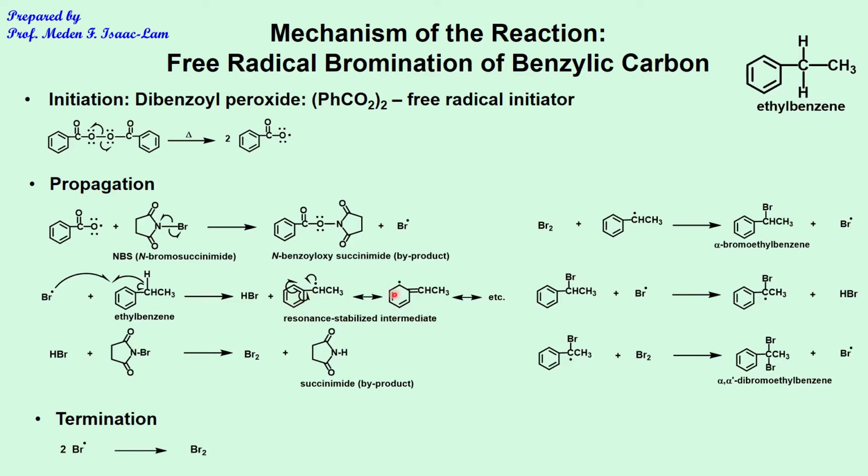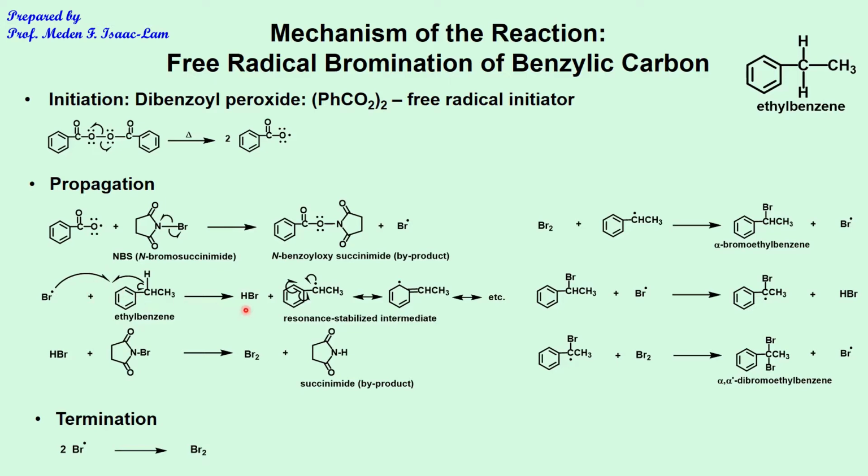You can write several structures because the free radical on the benzylic carbon can be delocalized on the benzene, stabilizing that free radical. For a free radical reaction, the curved arrow is a half-headed curved arrow showing the movement of electrons.